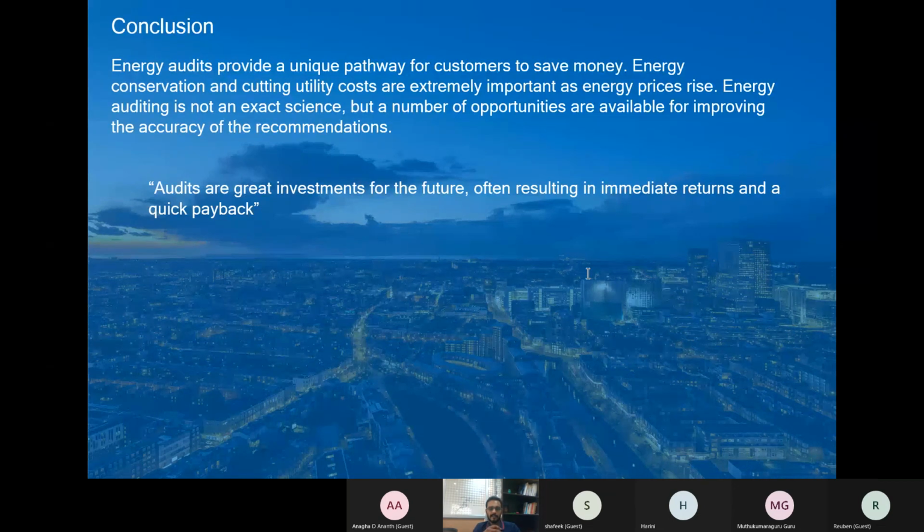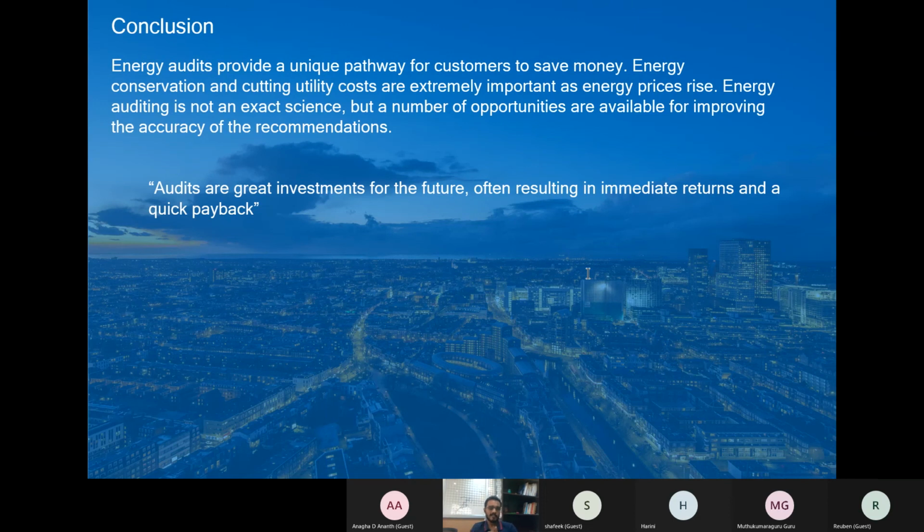Finally, several areas where additional research, analysis, and data collection are needed have been identified. Once this additional information is obtained, we can produce better and more accurate energy audit reports.